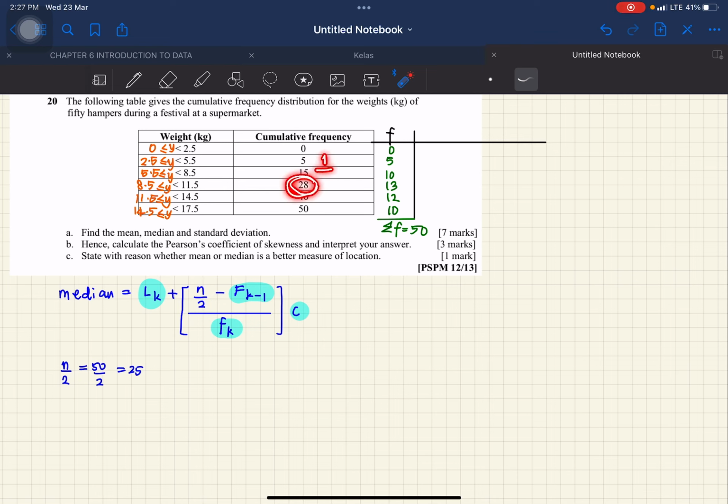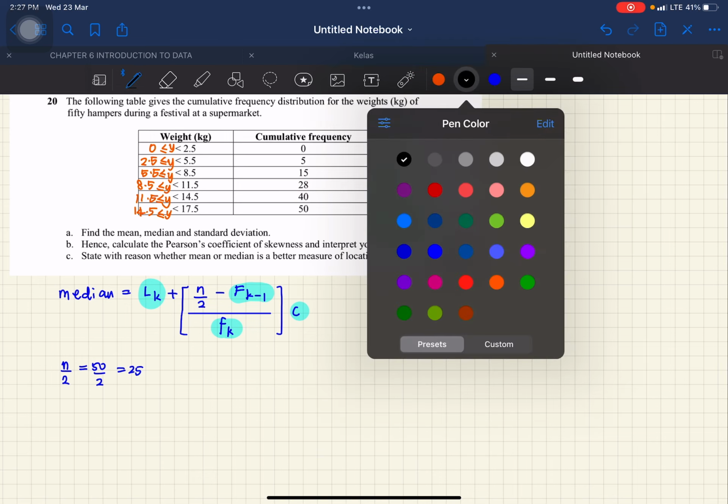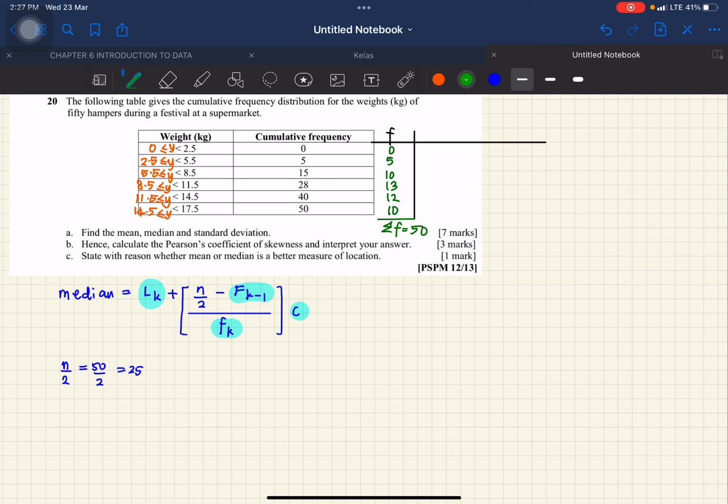This one goes up to 15 only, the one below goes up to 40. So 25 is in this one. What I like to do is label it, so I will make an arrow, and label it like this.